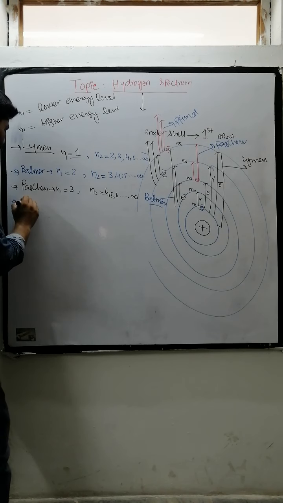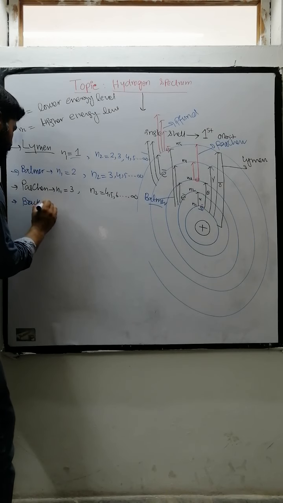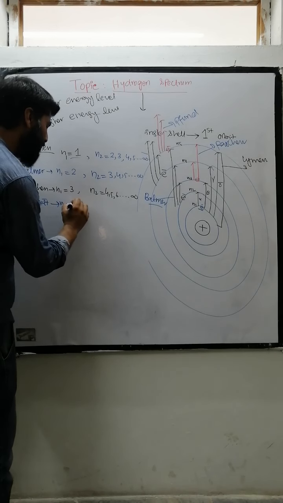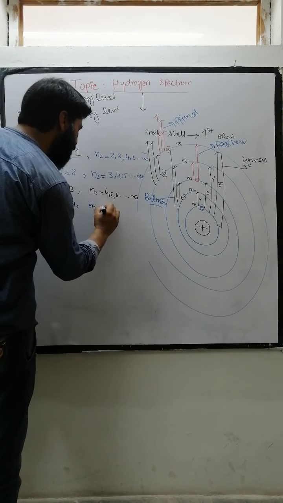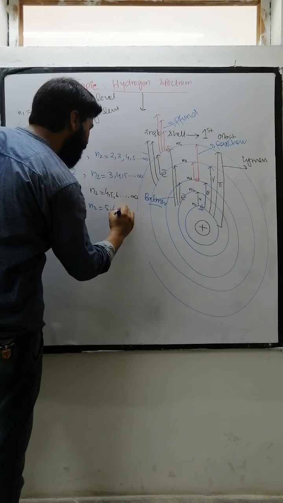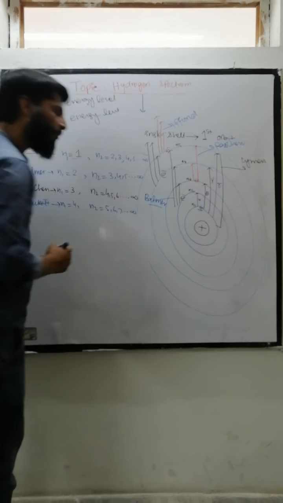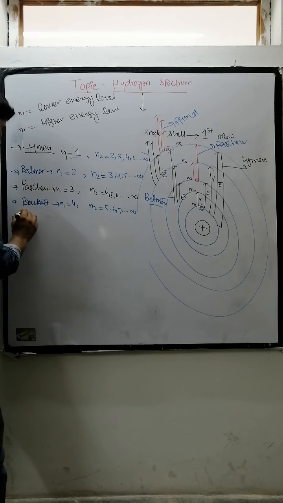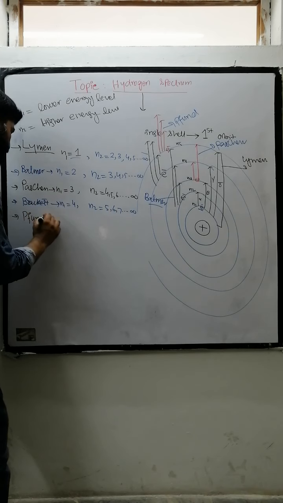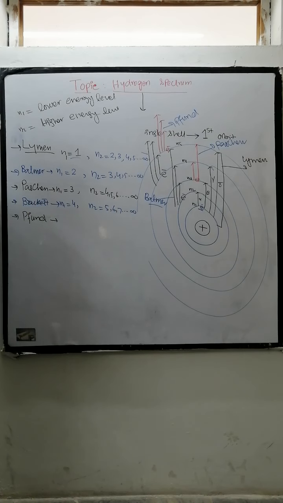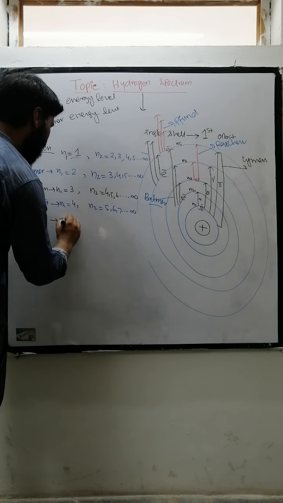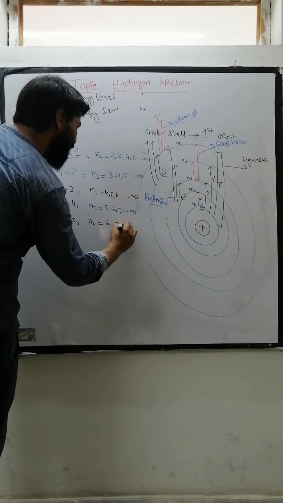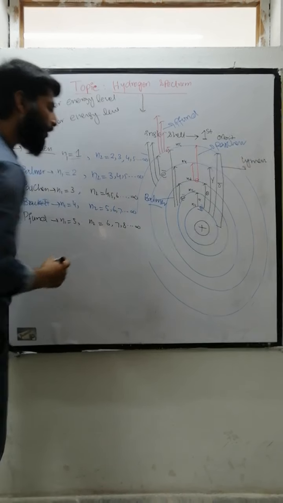For the Brackett series, we have n1 as 4 and n2 equal to 5, 6, 7 up to infinity. Then we have the Pfund series. In the Pfund series, n1 is equal to 5 and n2 is equal to 6, 7, 8 and so on up to infinity.